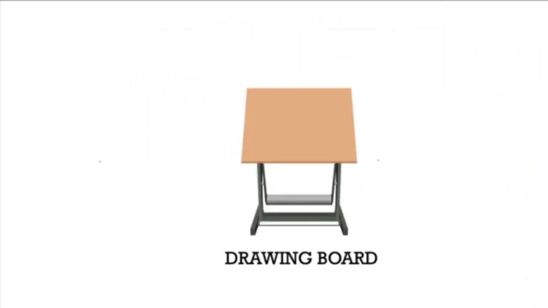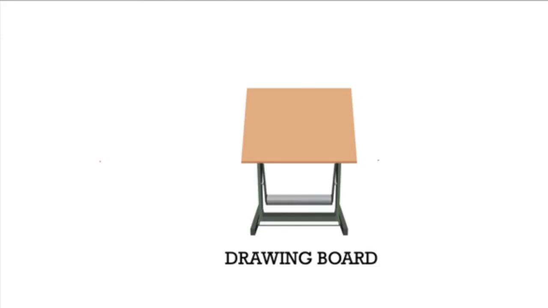The drawing board is made up of a wooden board. Soft wood is used, made to the required dimensions. The dimensions of the drawing board are as per the size of the drawing sheet. In general, we use A1 size sheets for engineering drawing.